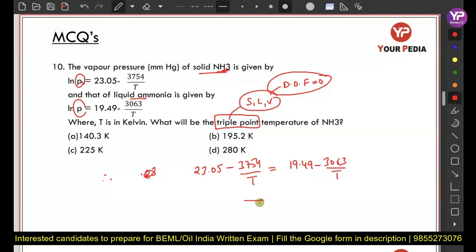If you equate this, you can simply find the value of the final temperature. That's a very simple case. You don't have to do the entire calculation here, just solve it and get your final answer. I don't have the exact answer right now, but I think it will come out to be around 195.2. Just do the calculation and find your answer.